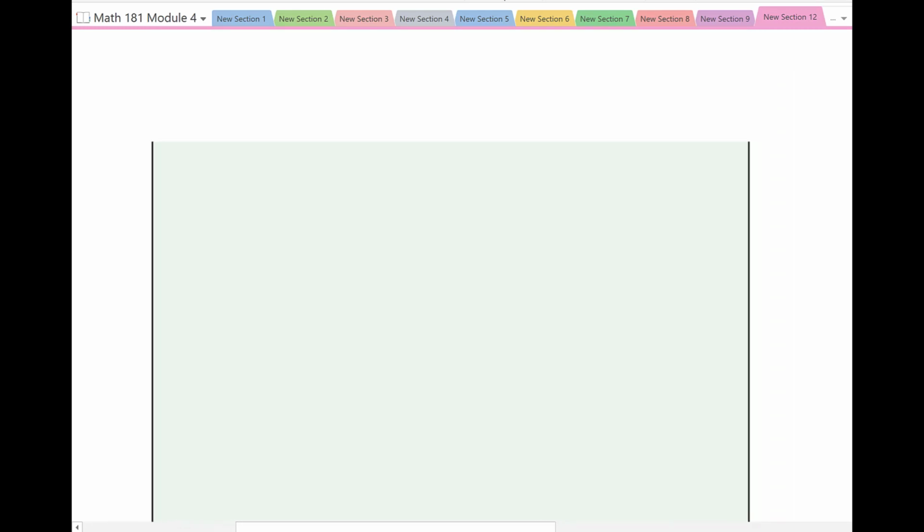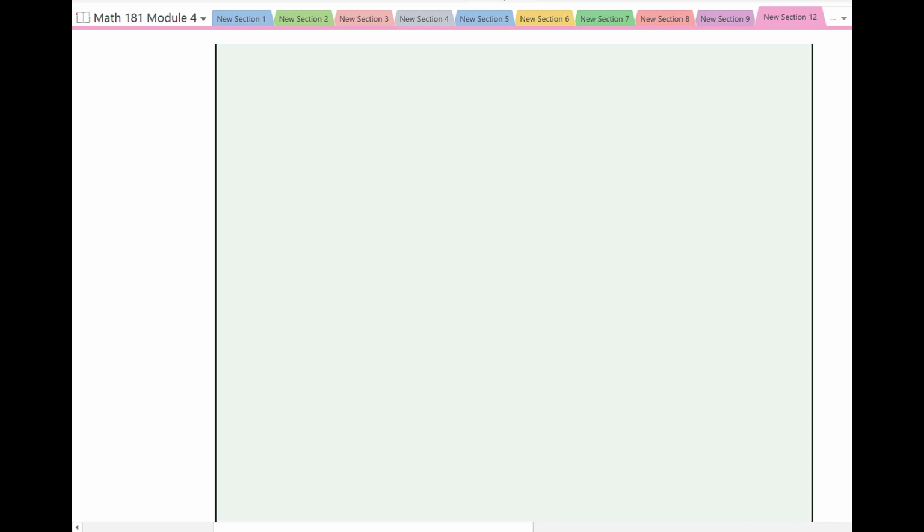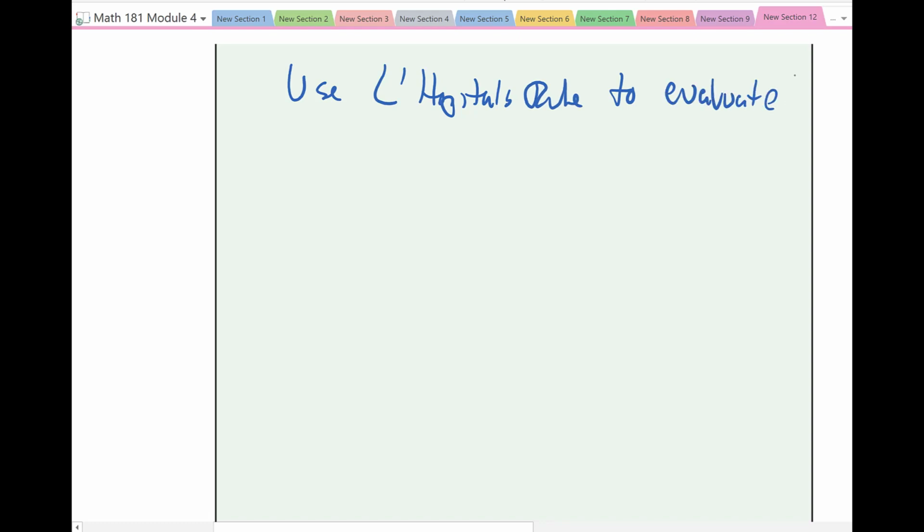Okay, got one more here. It didn't print out, so I'll just write it in. It says, use L'Hopital's rule to evaluate the limit as x approaches infinity of 7x squared minus 2x over 4x squared plus 3.